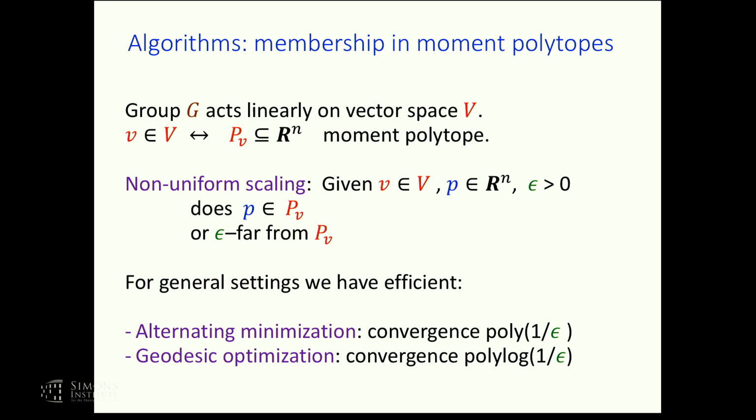And the types of algorithms we have, and we'll hear more about them, are two types: alternating minimization algorithms, which converge polynomially well in epsilon and in all other parameters, and those that apply more sophisticated techniques, more related to second moment methods in optimization, but in the geodesic setting, and they converge exponentially fast in epsilon.